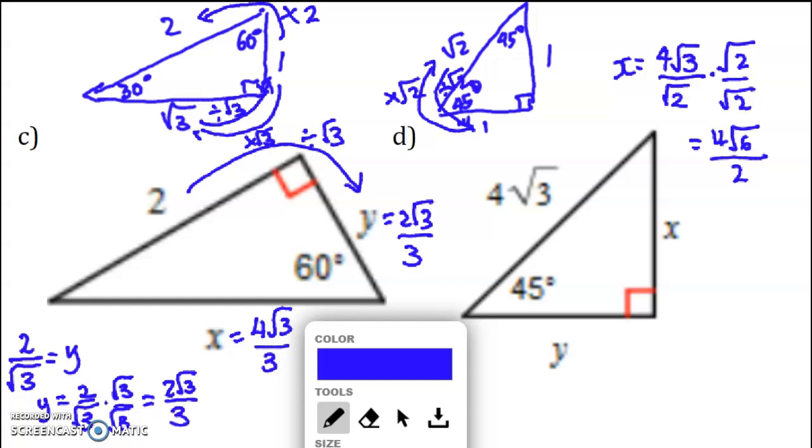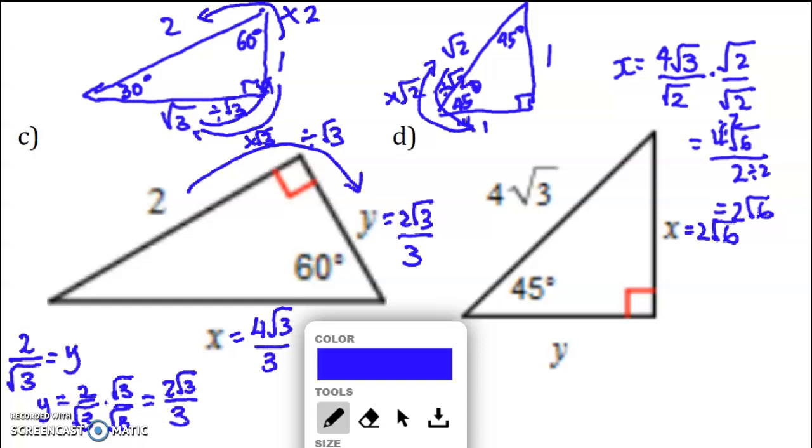Now I do need to simplify whenever possible. 4 root 6 divided by 2, they're both even, so I can divide the numerator by 2 and the denominator by 2. That leaves me with 2 root 6. So x is 2 root 6.